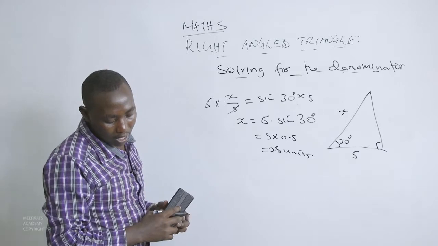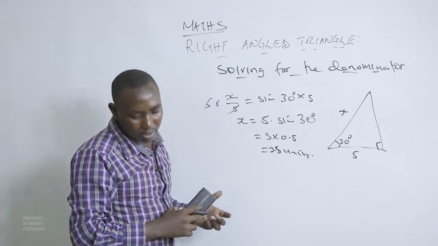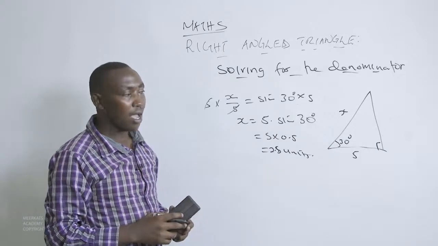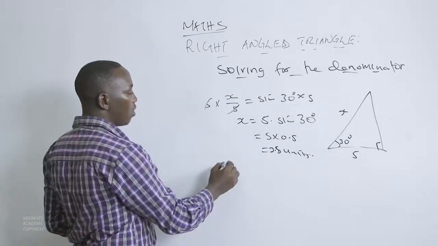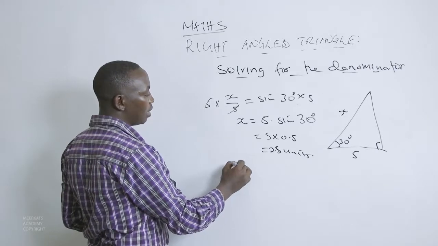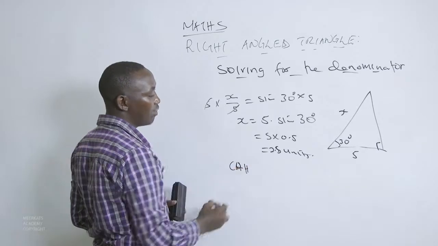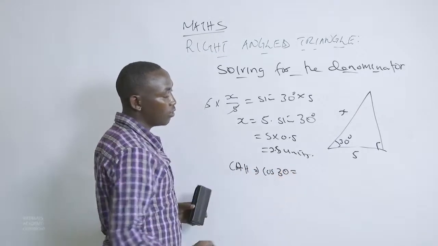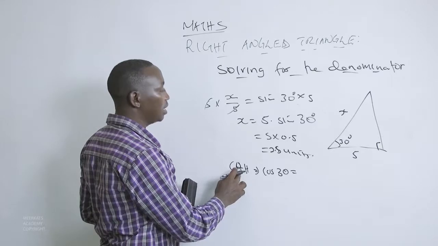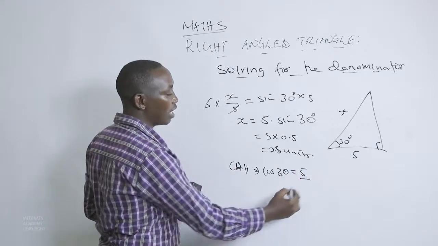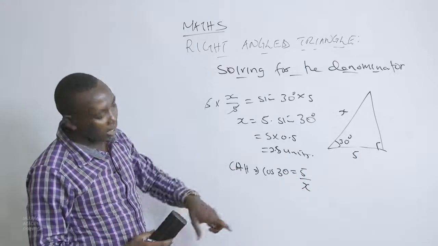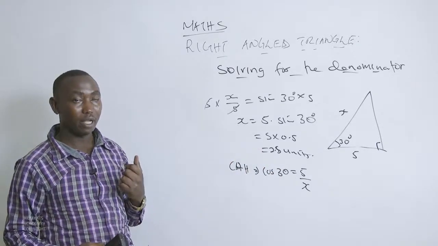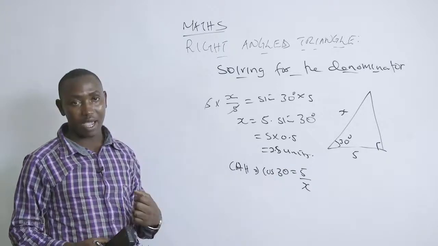Then you are told to obtain the cosine of this particular angle, which is 30 degrees. We understand that cosine is normally given by adjacent all over hypotenuse. That means that the cos of 30 degrees will be equivalent to the adjacent, which is 5, divided by x. Now in this case, you discover that x is now a denominator of this fraction 5 over x.